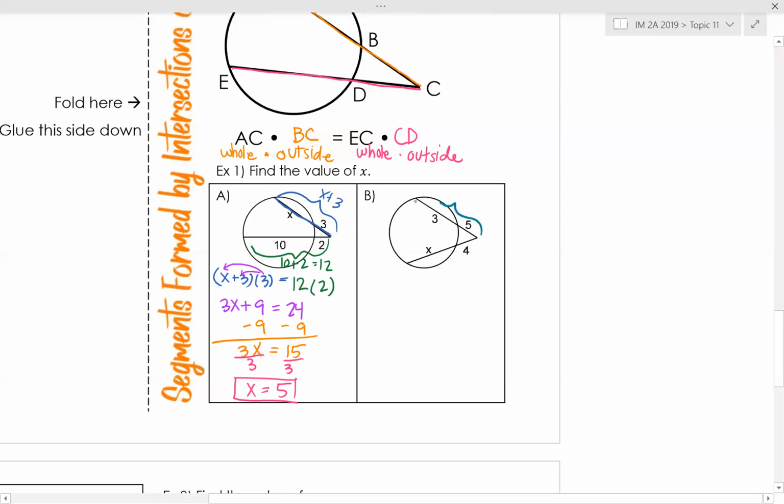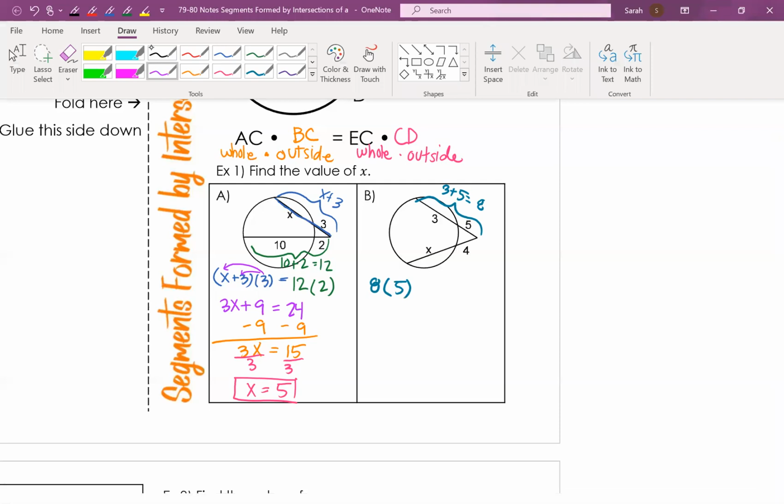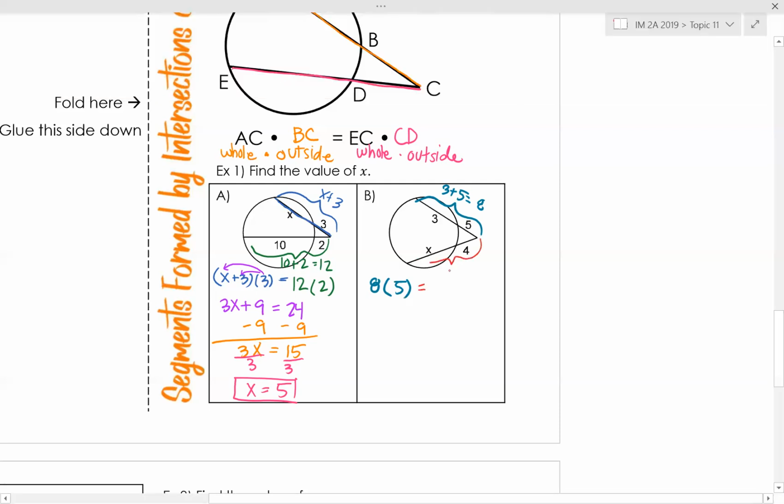In this case, 3 + 5, a whole of 8, times the outside 5 is equal to the whole x + 4, which I can't simplify, times the outside 4.